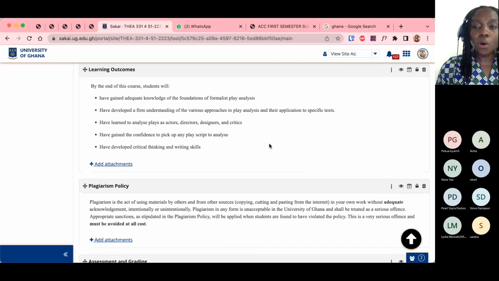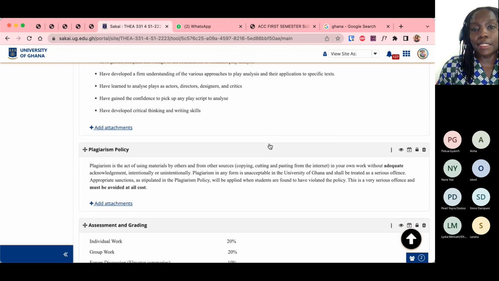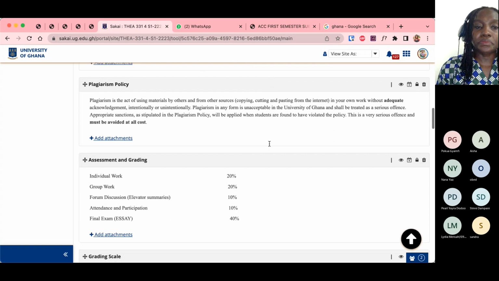By the end of this course, students will: one, have gained adequate knowledge of the foundations of formalist play analysis; would have developed a firm understanding of the various approaches to play analysis and their application to specific texts; would have learned to analyze plays as actors, directors, designers, and critics; would have gained the confidence to pick up any play script to analyze; would have developed critical thinking and writing skills.